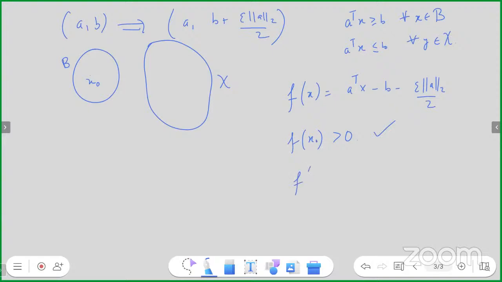So f of y is less than 0 for all of them. So you get strict separation. Again, I think your intuition was spot on: by the previous separation theorem, you can get non-strict separation and then you start moving it slightly away. All of this is allowed because the set is closed and convex. If it's not closed, you won't be allowed to do that. That's the proof.